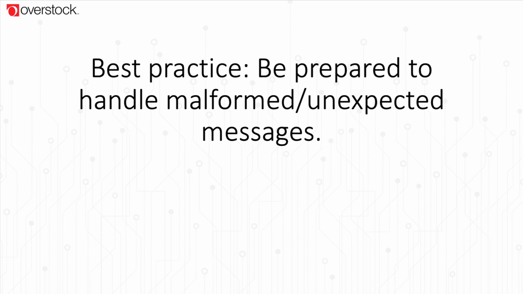A common cause of malformed messages can be deserialization. So make sure you keep deserialization lightweight, so you're only deserializing the properties you care about. And then the most common cause of messages getting sent to a dead letter topic for a lot of teams may not be malformed messages.